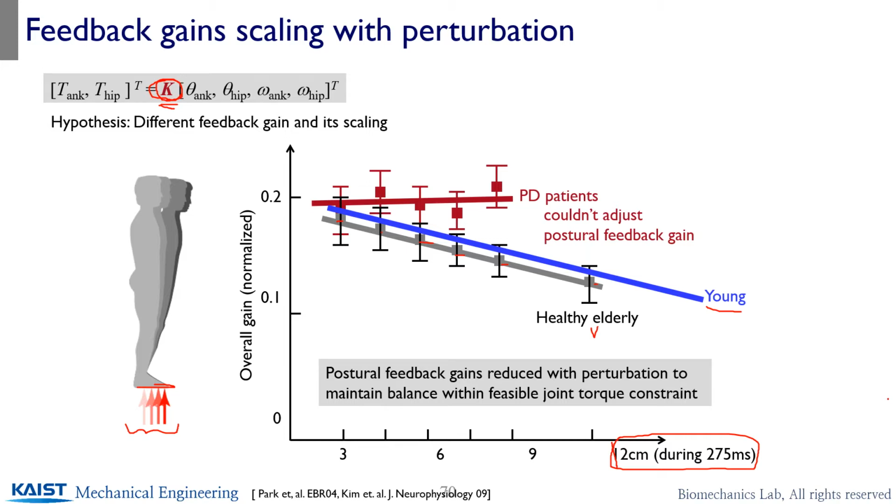Okay, so far I introduced the way that we could identify the feedback gain K using regression as well as dynamic forward simulation. And by describing human posture with the feedback gain, we could explain some observed posture control behavior, like a smooth change from ankle strategy to hip strategy as a function of perturbation.